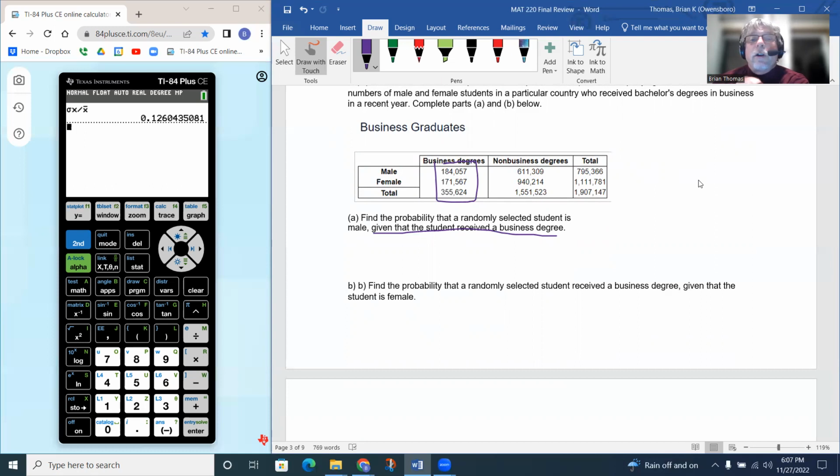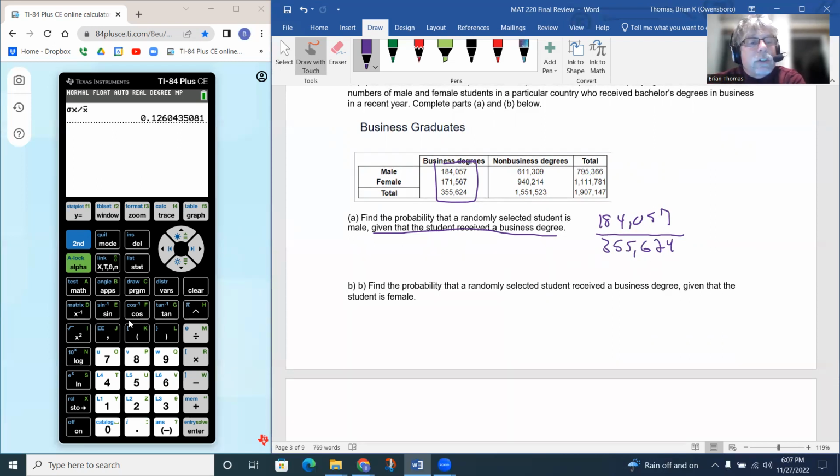So since we're talking male, 184,057 would be the successes out of this 355,624. That would be the probability.